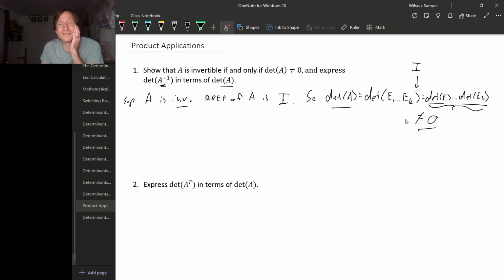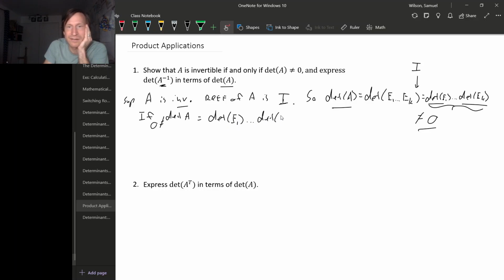Okay, well, let's go the other way. If the determinant of A isn't 0, well, we've seen that the determinant of A is the determinant of all of these elementary matrices times the determinant of the reduced row echelon form. So here we know that none of these determinants of the elementary matrices are 0.